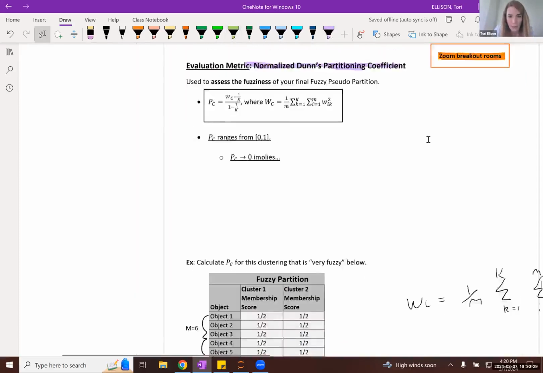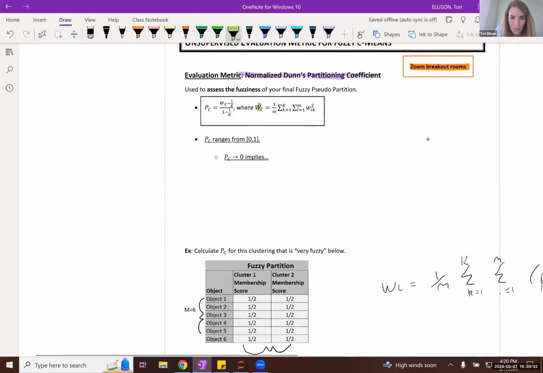We first calculate this WC value. What this WC value represents is what we get when we add up the squared membership scores of all observations in the matrix, and then we divide by the number of observations in the data set. Then the actual normalized Dunn's partition coefficient is this equation here, where K is the number of clusters.